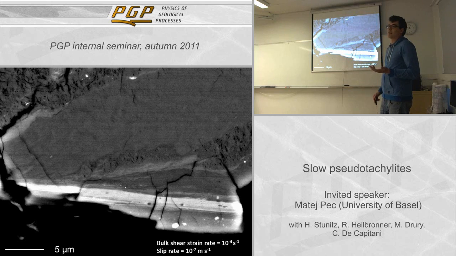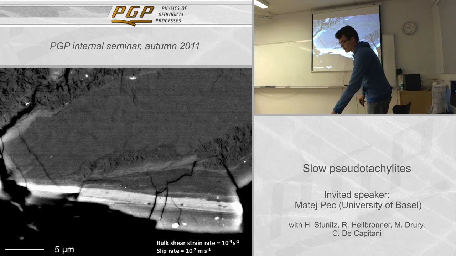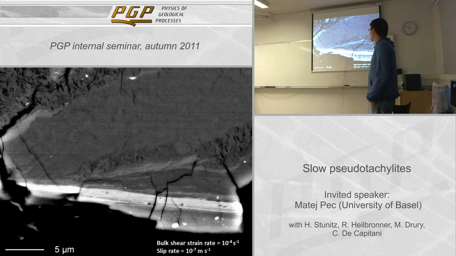I'm not sure what the bubbles were really during the deformation, but after we take it, they are very indicative for this melt. I mean, the bubbles must have formed either by cavitation or by the dehydration of the micas. They are voids, yeah, they are filled with epoxy now.